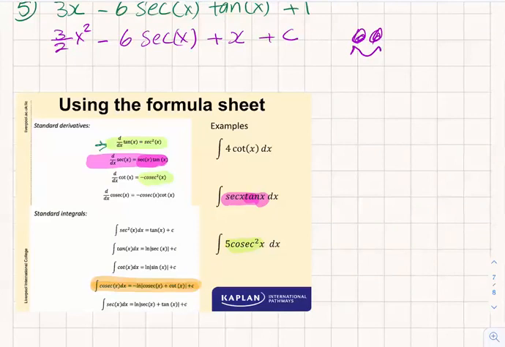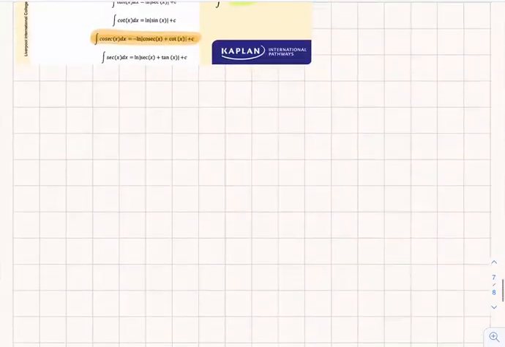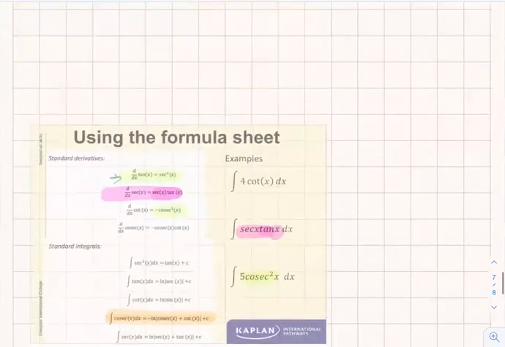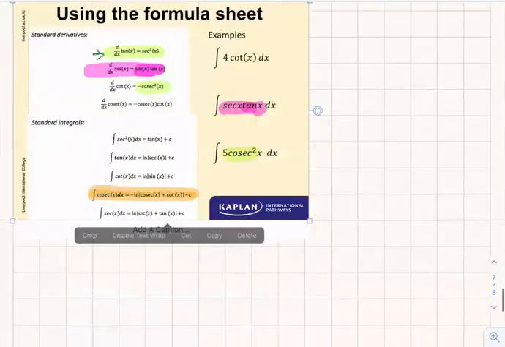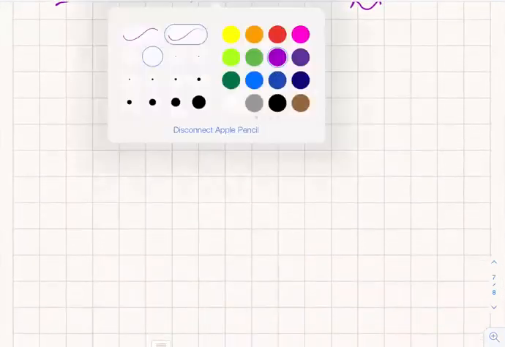Right. Next one I'm going to do here is, let's say, 1 over sine squared x plus 8 over x minus x.